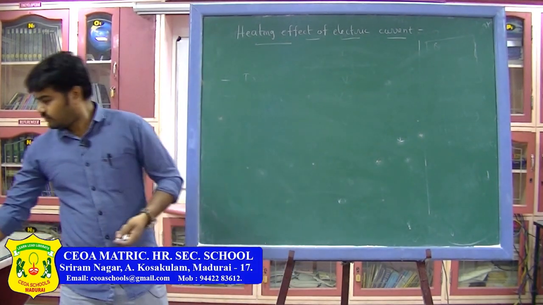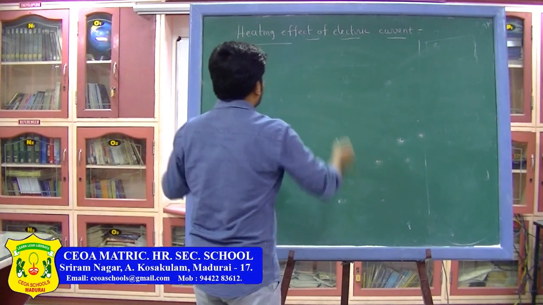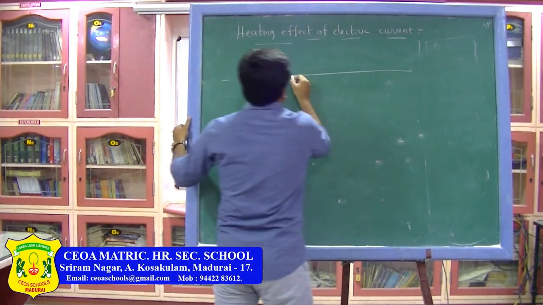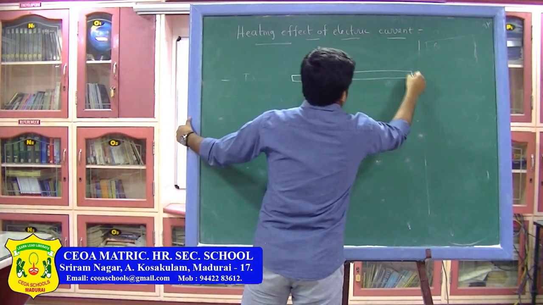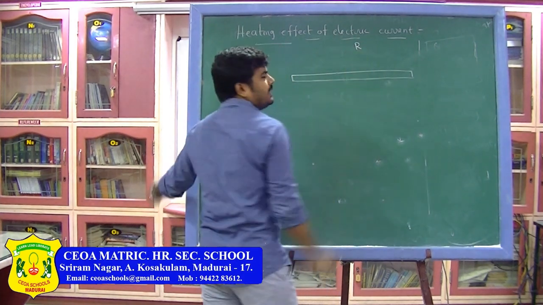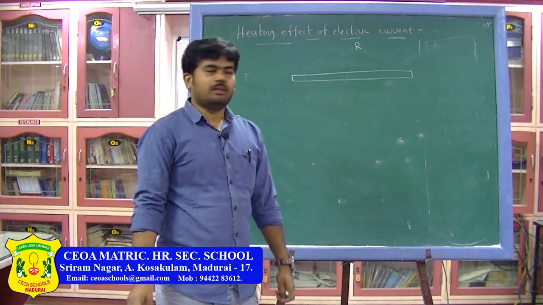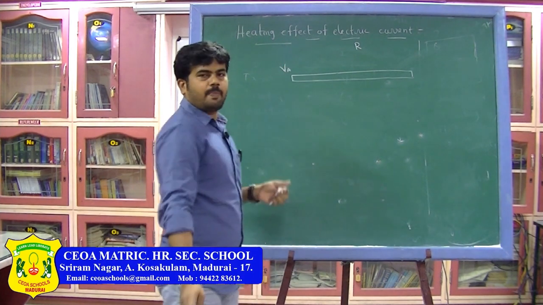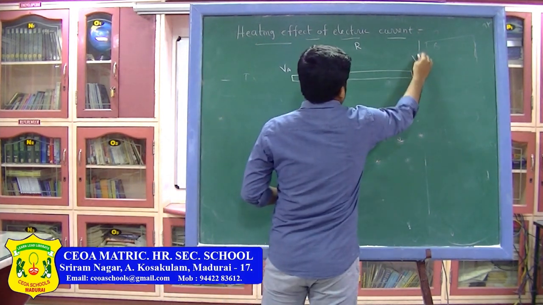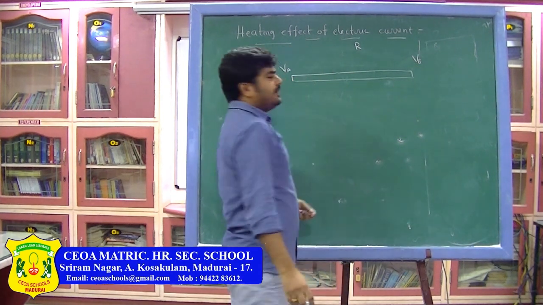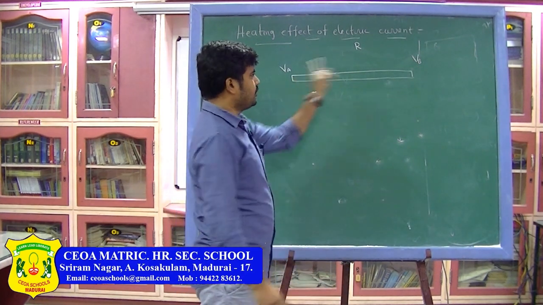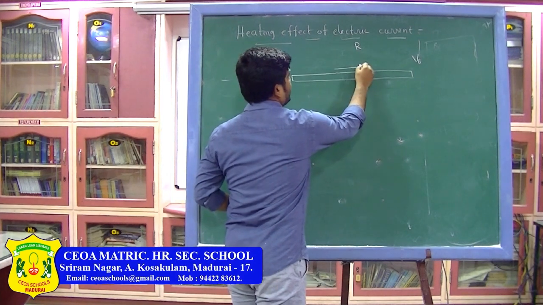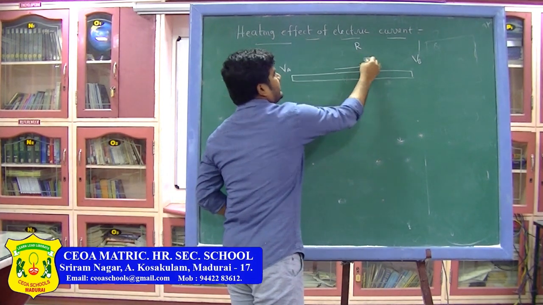Now, let us consider a conductor, say its resistance is R, electrical resistance of this conductor is R. Let this end of the conductor be at a potential VA and this end at potential VB. Let the current be flowing from end A to B, which means this is the current direction in the conductor.